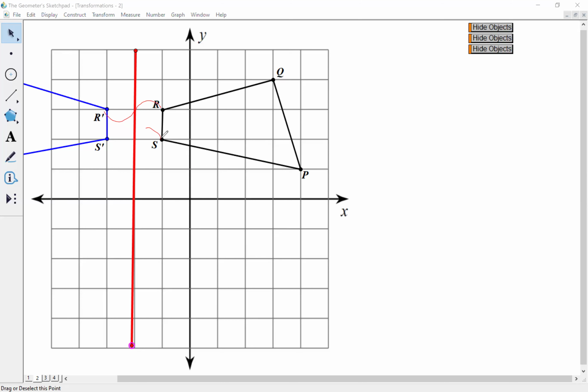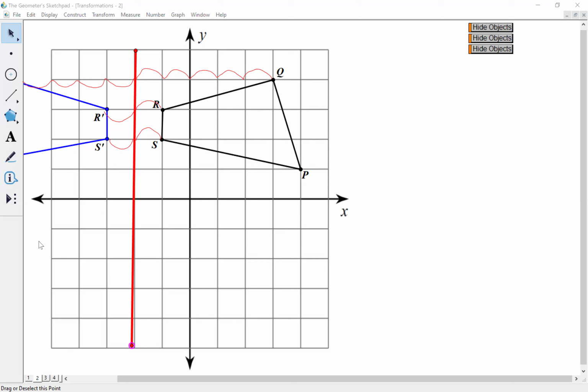Same thing with S: one space here, one space here. Looking at my point Q, it is 1, 2, 3, 4, 5 spaces. So let me count five on the other side: 1, 2, 3, 4, and 5. It makes sense that it's outside of my window here. So not a big deal.